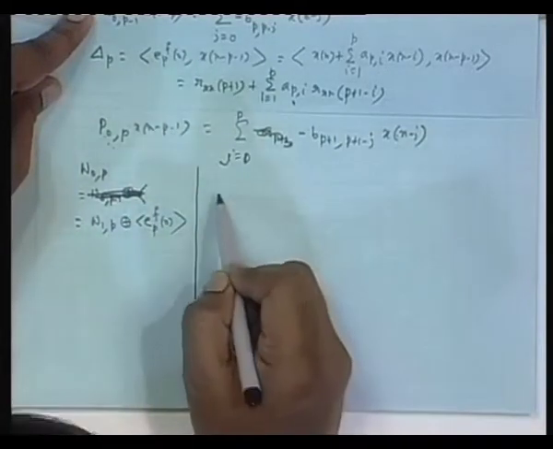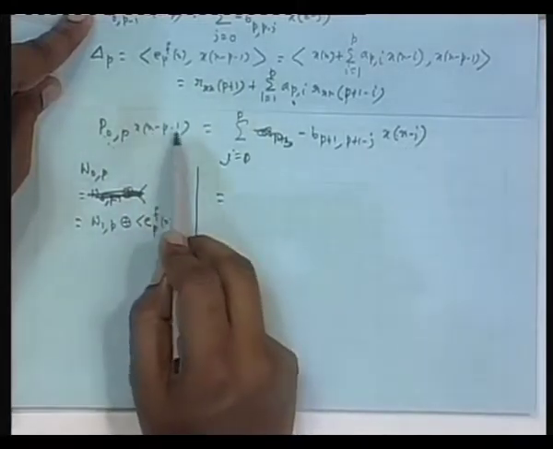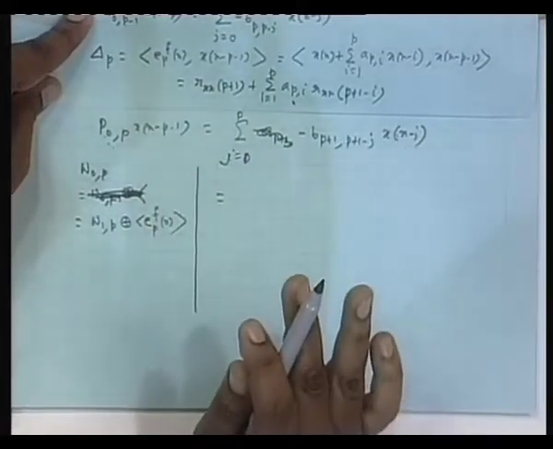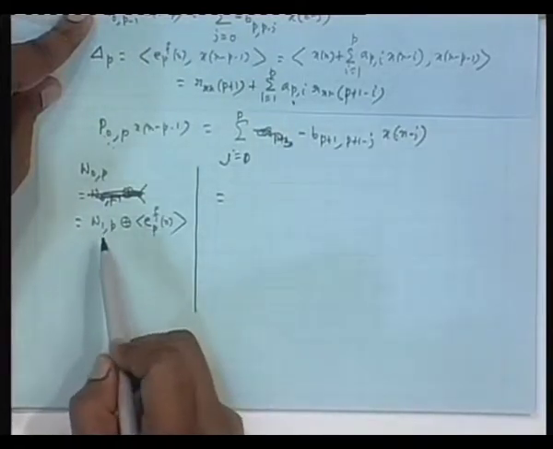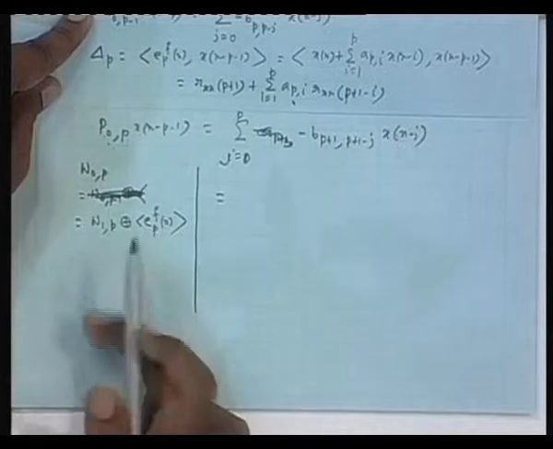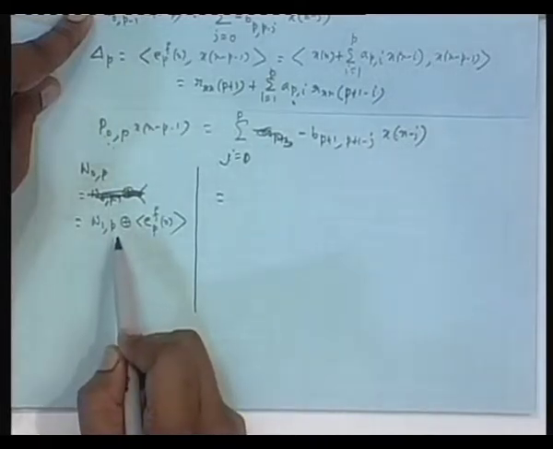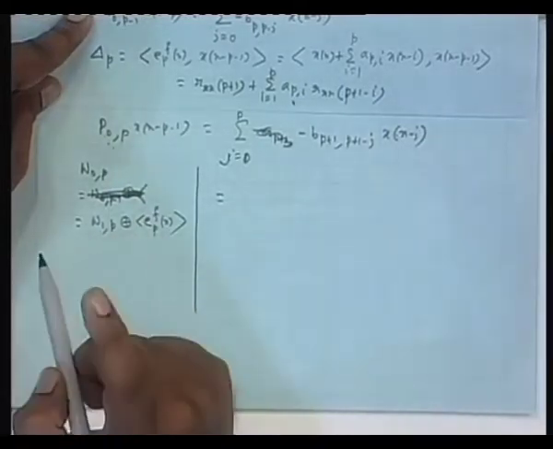Projection here means, if you now call again n minus 1 as n prime, that means W 1 comma p, in terms of n prime, is W 0 p minus 1. W 1 comma p means span by x n minus 1 to x n minus p. If you call n minus 1 as n prime, then x n prime up to n prime minus p plus 1, that is 0 to p.